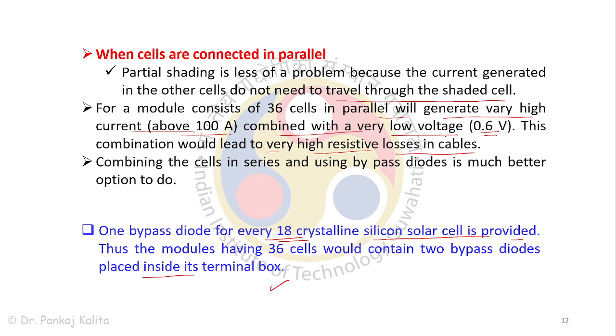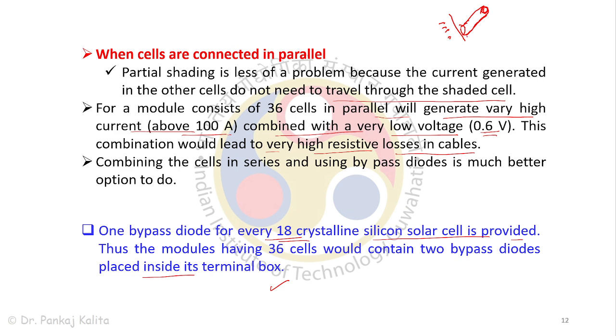The voltage corresponding to each solar cell connected in parallel will be the same, so the voltage value is less and the current value is very high. So the resistive loss in the cables will be very high in the parallel combination case. So it's not like we can combine all the solar cells in parallel only. There is a limitation to that also.